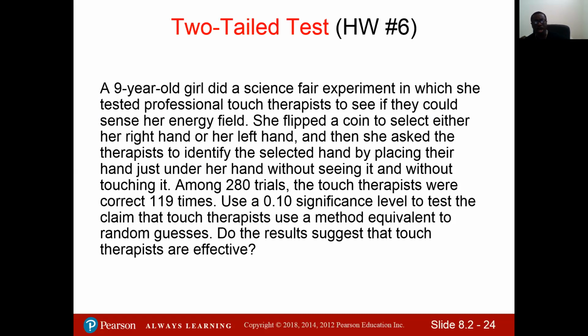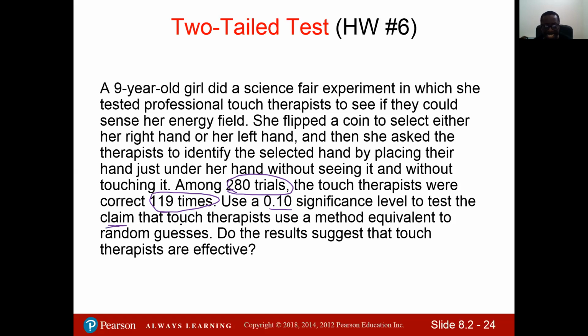Among 280 trials, which are independent and simple random, the touch therapists were correct 119 times, and we use a significance level of 10%, or 0.10, to test the claim.